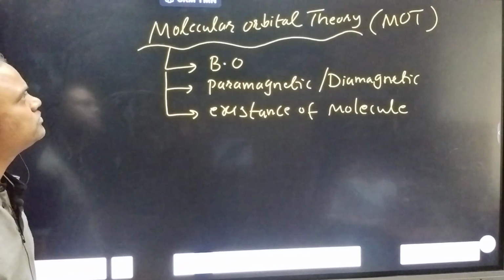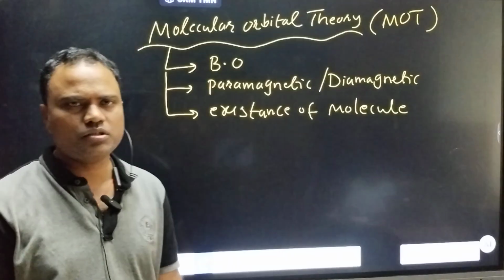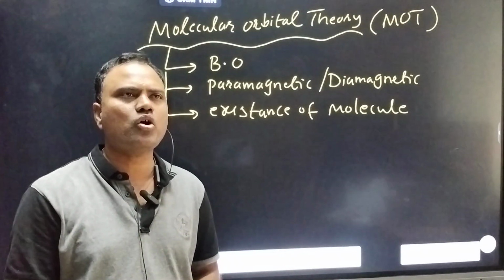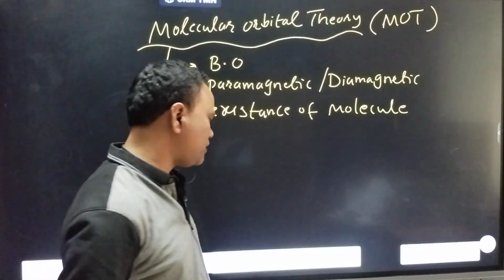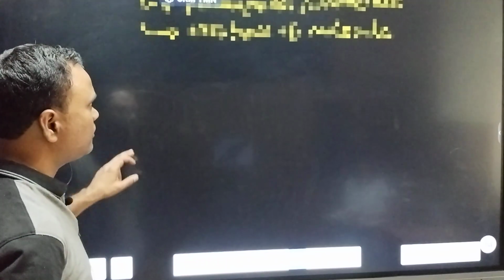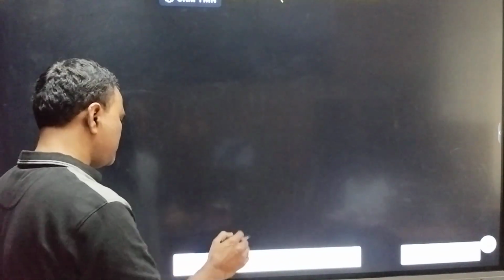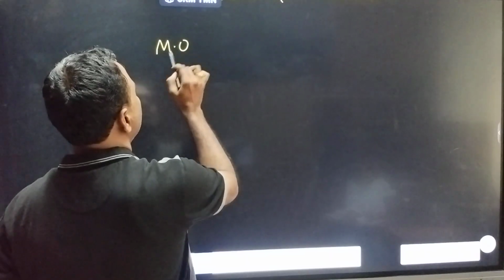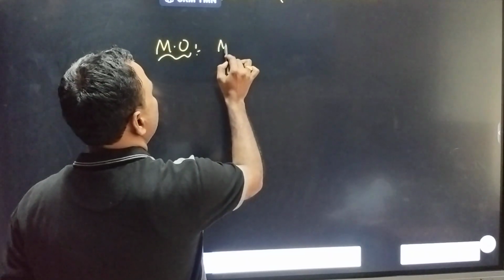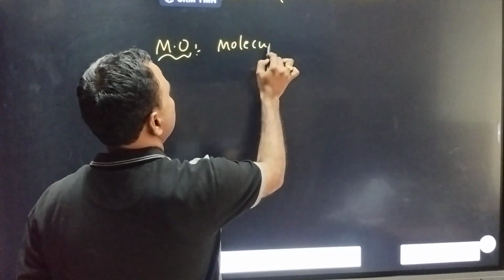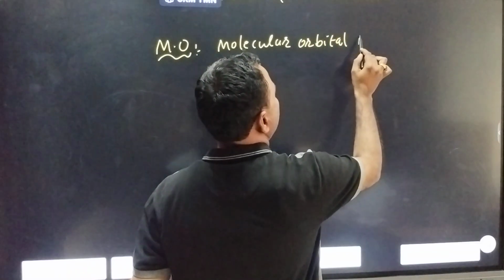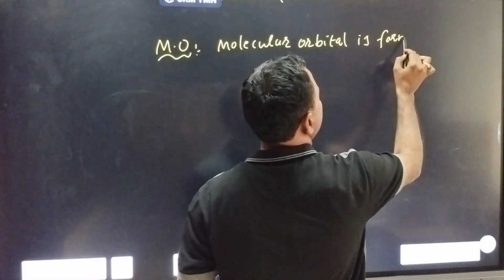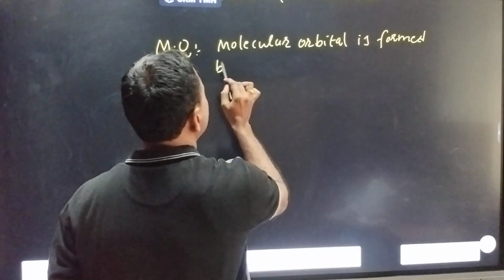First of all, coming to the definition, introduction of molecular orbital. What is a molecular orbital? A molecular orbital is formed by the linear combination of atomic orbitals. MO stands for molecular orbital.